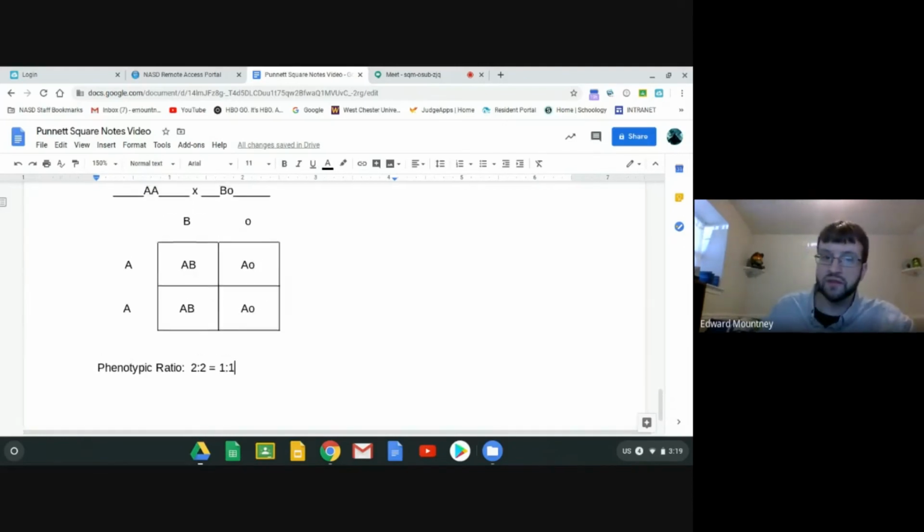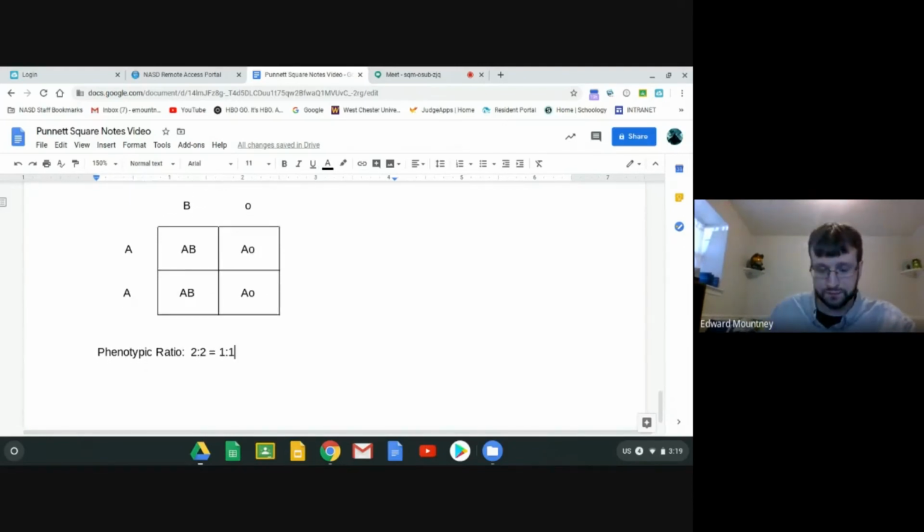So one thing to look at in terms of the field of forensics, if you find a pool of blood at a crime scene and you test that blood and you find that blood to be type B blood, and let's say there's a missing person who is a potential suspect, who's missing, obviously.